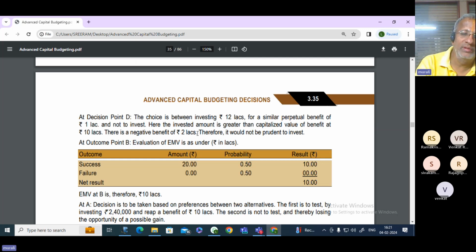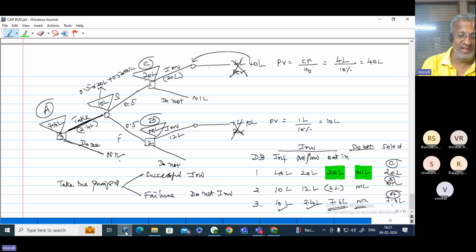There is a negative. Therefore, it would not be prudent to invest. See, take the project: successful means invest, failure means do not invest. Matter over. This is the way you have to take it up. The decision points are what you are taking up. Are you clear?